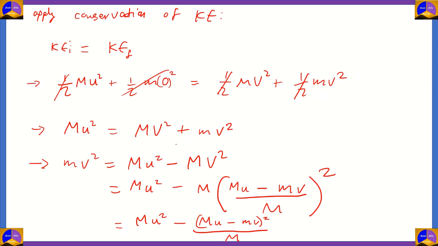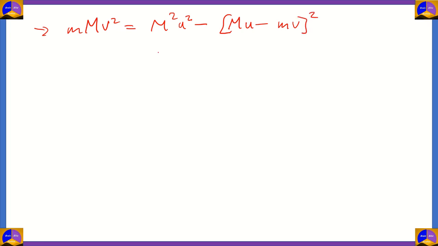So now what do we do? What we're going to do is eliminate this denominator. So therefore you get m M v squared equal to M squared u squared minus M u minus m v, and these two terms get squared.